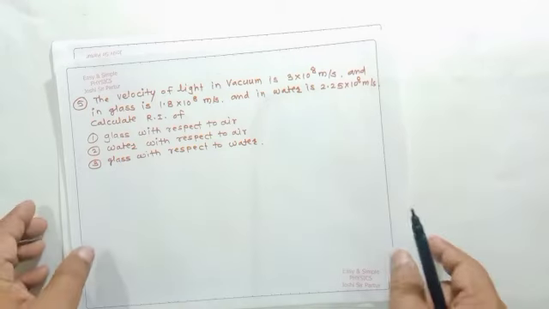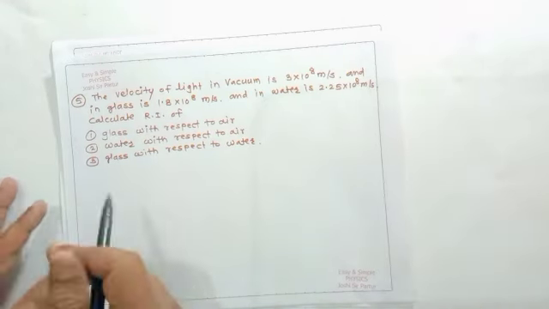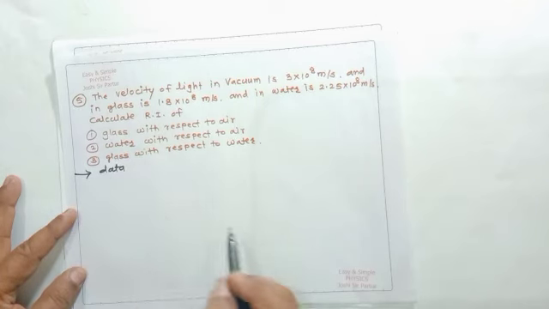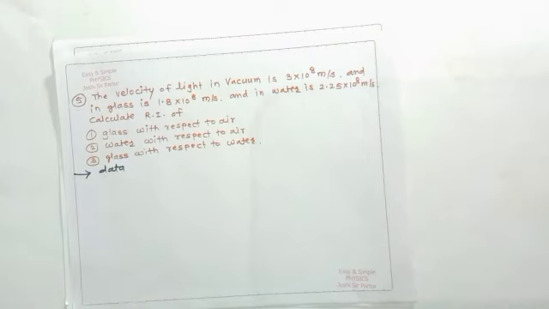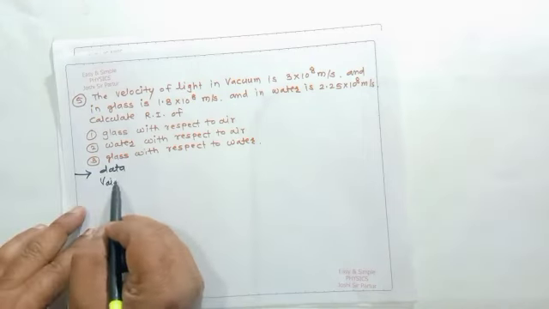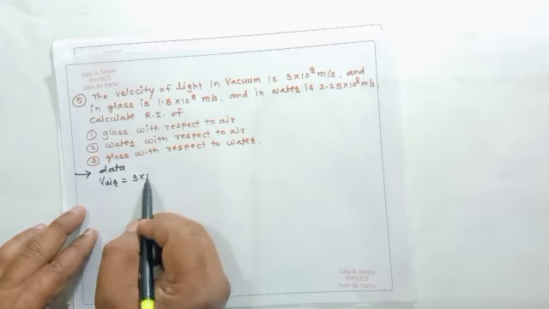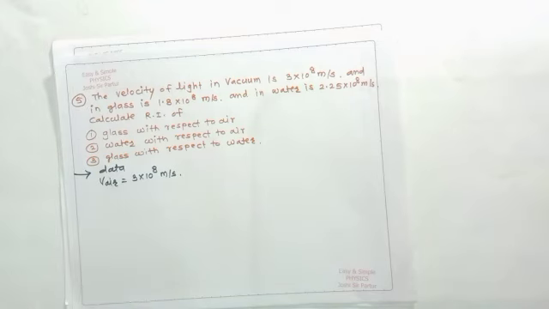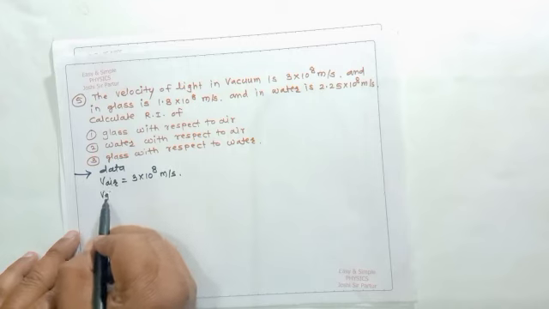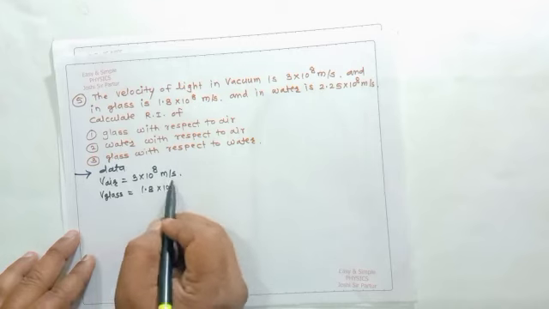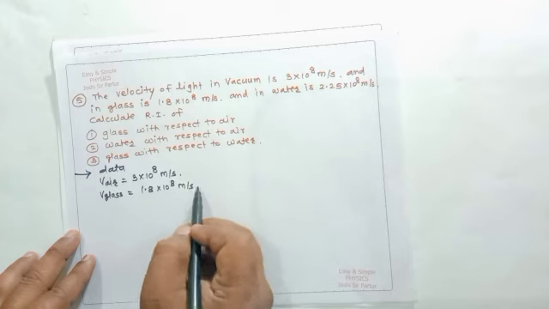First, we have seen such type of question given data. It will be written as velocity of light in vacuum, that is velocity of light in air, 3 into 10 raised to 8 meter per second. Another will be velocity of light in glass, 1.8 into 10 raised to 8 meter per second.